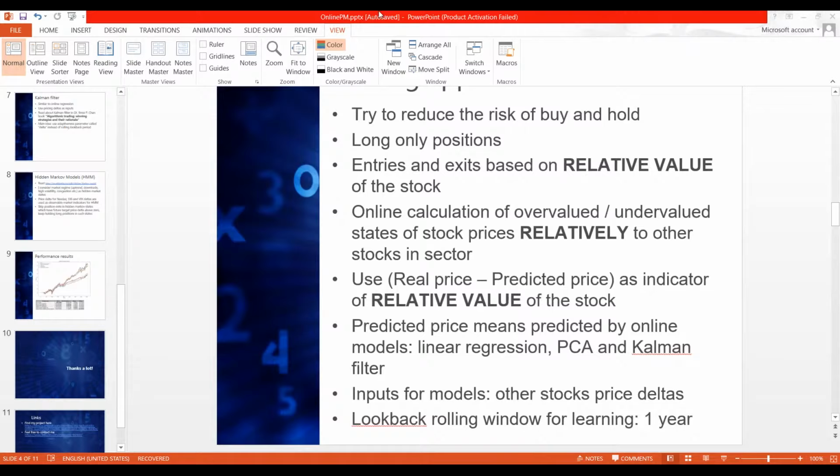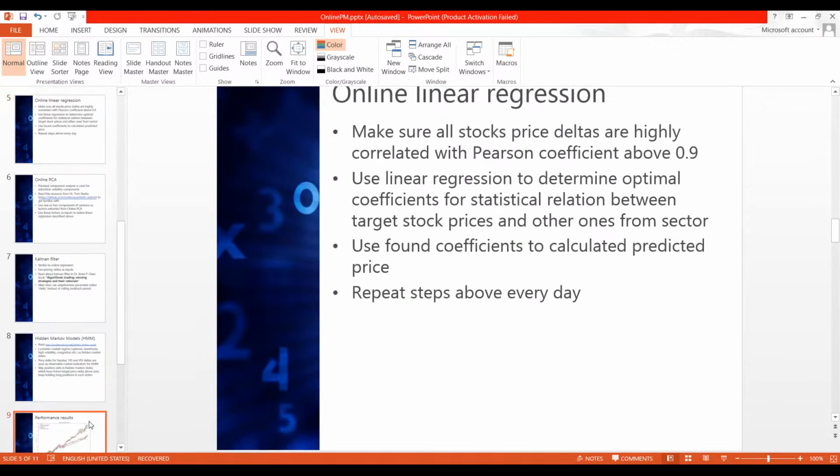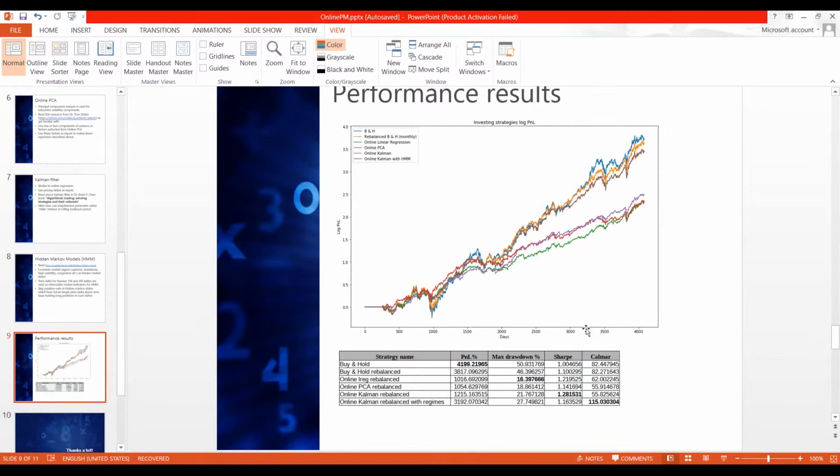Thank you for the question. Buy and hold strategy seems to work the best. Yes, it works the best in terms of total profit, but you can see that the max drawdown for this strategy is 50%.